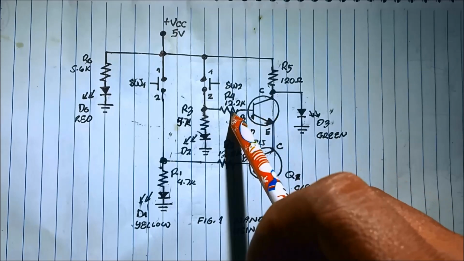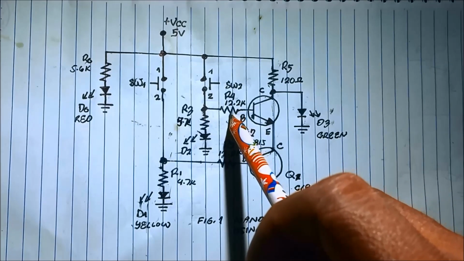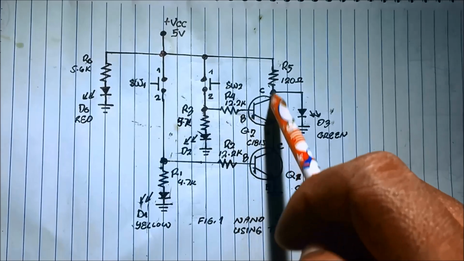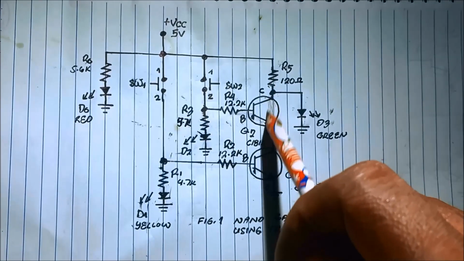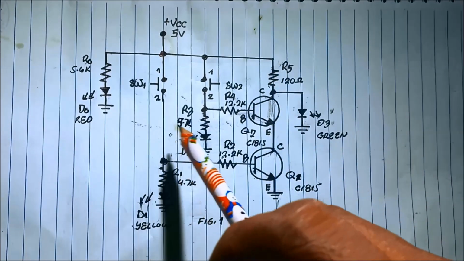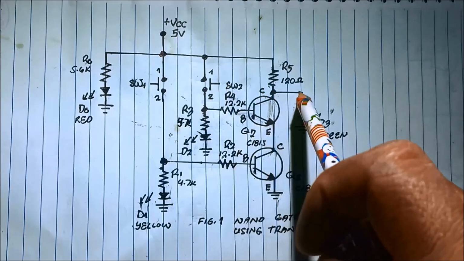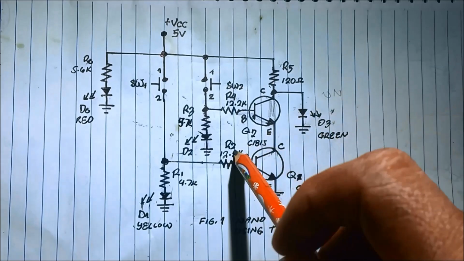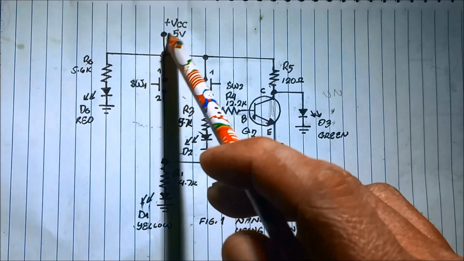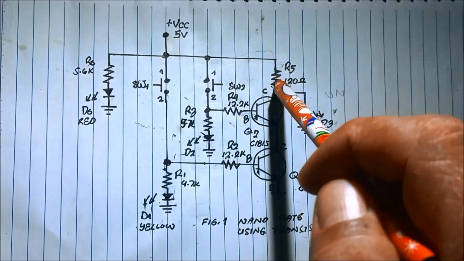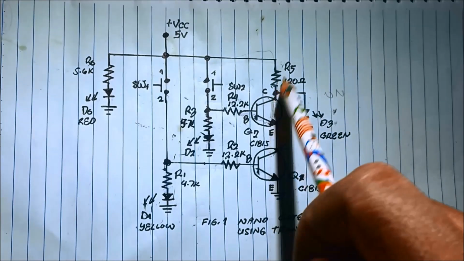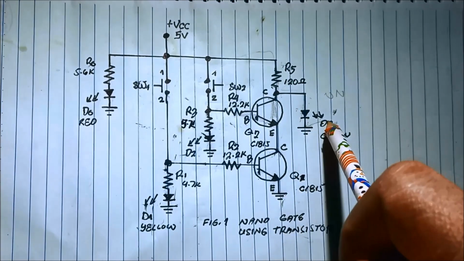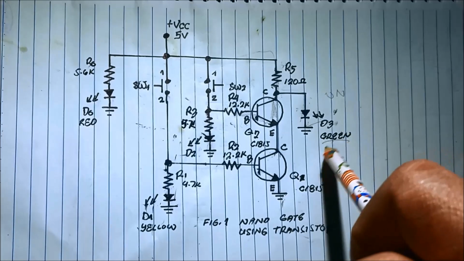So once it is switching on, it will saturate or serve as a closed switch. Initially, our output is on. Why? Because current flows to the 120 ohm resistor and to the green LED, the output LED.